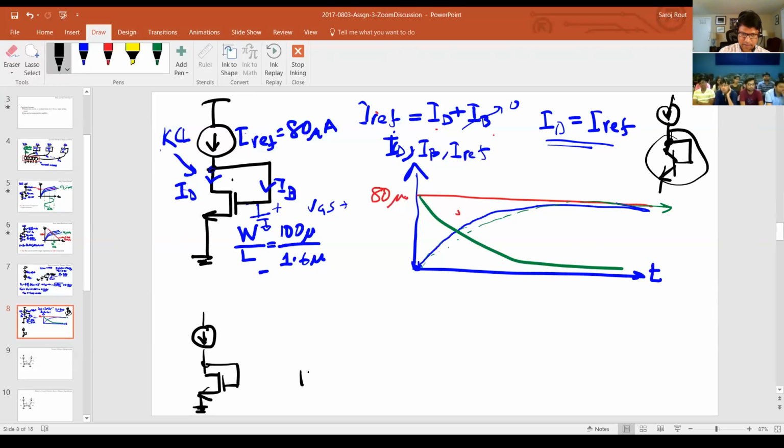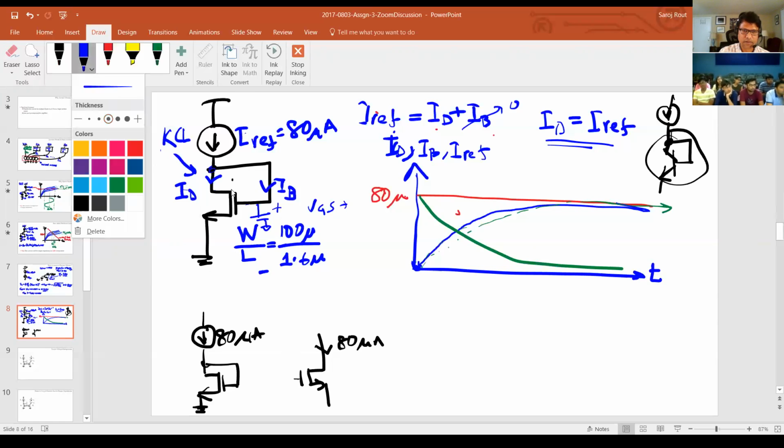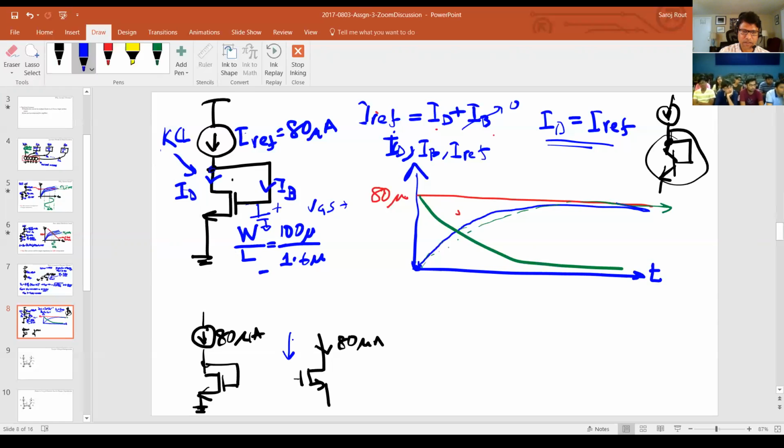And you created the second device over here. Let's say this was 80 microamps, and you wanted to generate 80 microamps here, and you said, oh, if you give me a VGS of 0.918 volts, I'll get 80 microamps. And I said, okay, I can generate that by creating the same device. So I created the same device, 100 micron by 1.6.